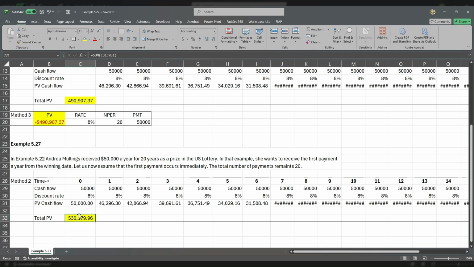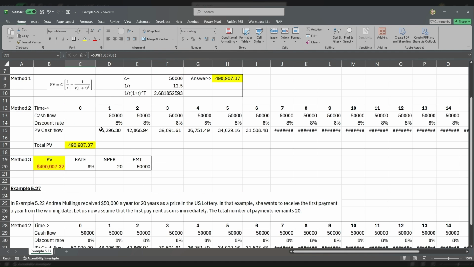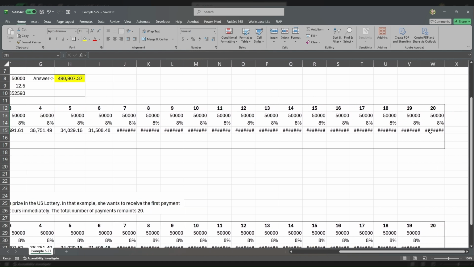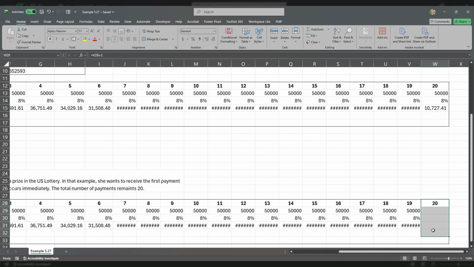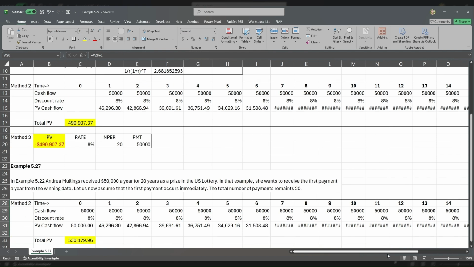it's actually much higher. So to compare the first one, where it's the ordinary annuity, there is no payment in time period 0, but there is a payment in time period 20. The present value of the payment in time period 20 is basically only $10,000. Here, with the annuity due, there is no payment in time period 20, but there is a payment in time period 0.